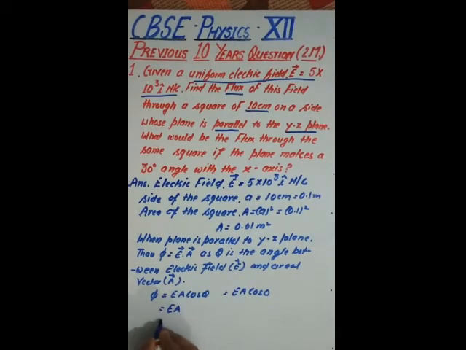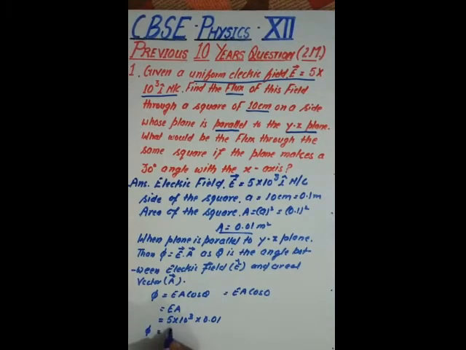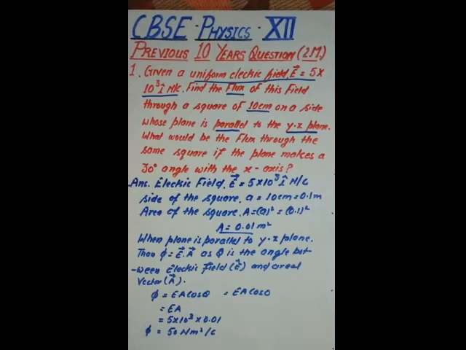The value of electric field will be 5 into 10 to the power 3, into area 0.01 here. So flux at parallel will become 50 Newton meter square per coulomb, or it will be 50 Weber.